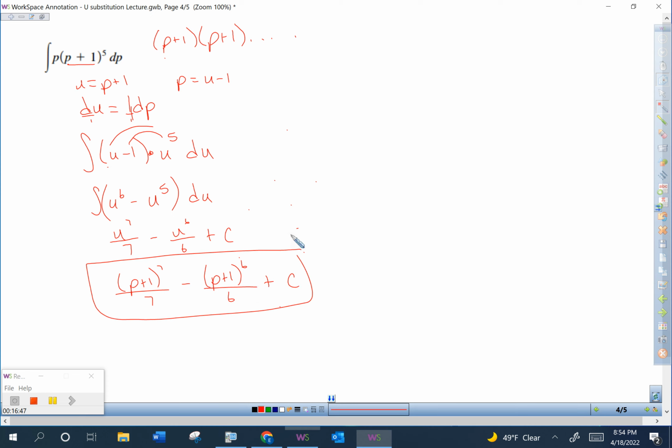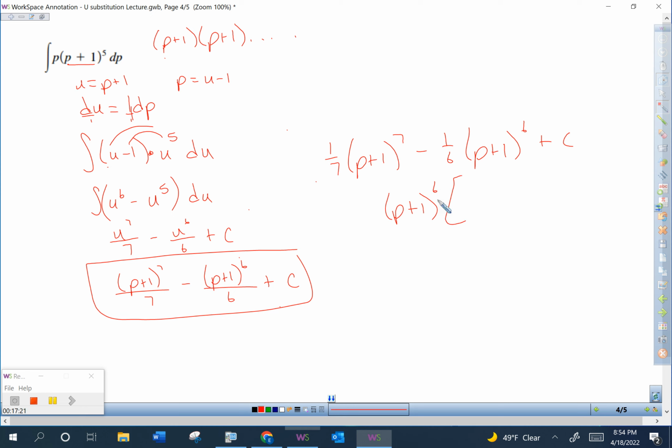For these ones, sometimes they're going to have you do a little bit of factoring. So how that would look if they want you to simplify this a little bit more, I'm going to go ahead and rewrite that with the 1/7. This is p plus 1 to the 7th minus 1/6, p plus 1 to the 6th. With this part right here, this p plus 1 to the 6th power is in common.